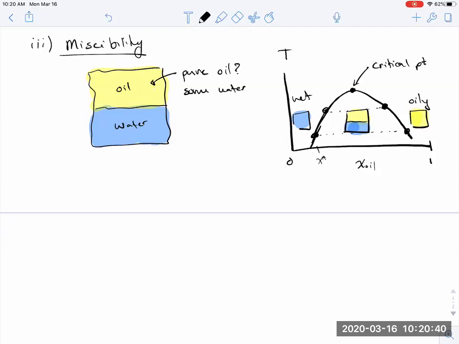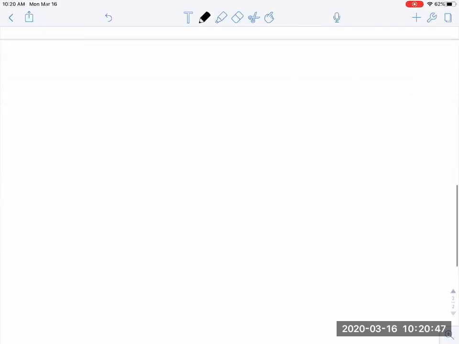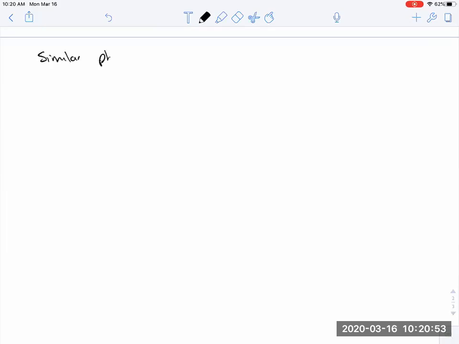Now that's an example of miscibility for typical fluids, typical liquids. The same sort of thing happens actually in our cells, or more specifically, in lipid membranes.